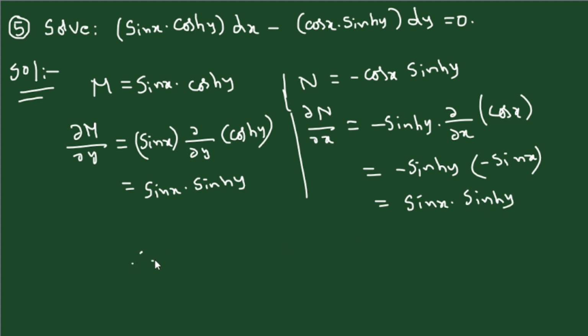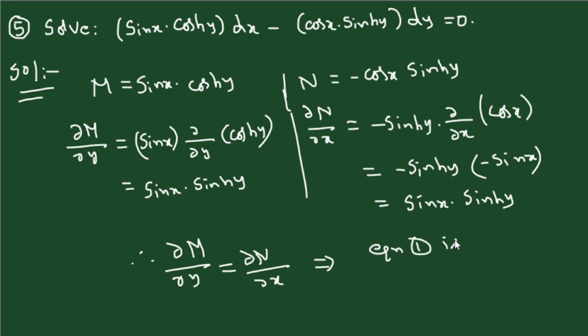So thus, dou m by dou y is equal to dou n by dou x, implies equation 1 is an exact differential equation. Equation 1 means, let us take this as 1. Now, what is the solution? How does the solution look like?